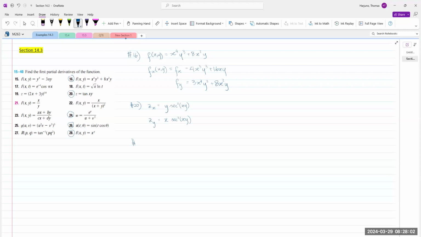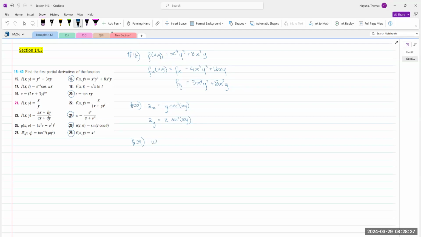Number 24. Of course, besides using subscript, we can also use partial derivative notation, the del. Okay, so let me do that now. So del w del u is, you know what? Let me write down the function first because it's too small for me to see.